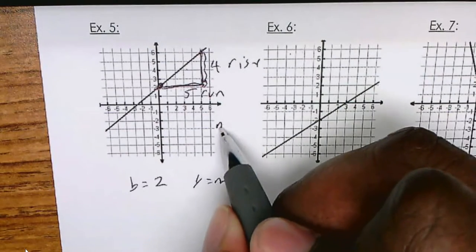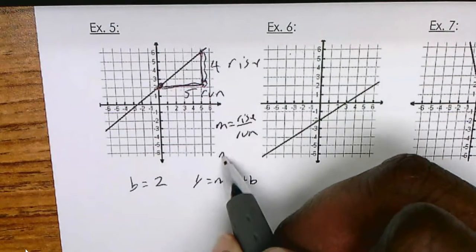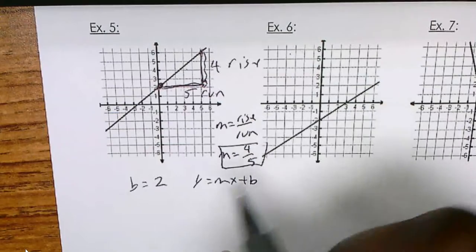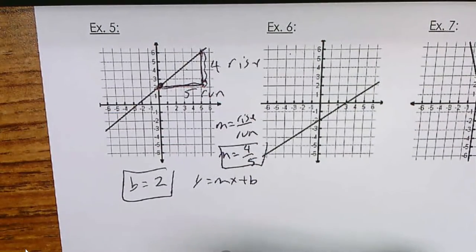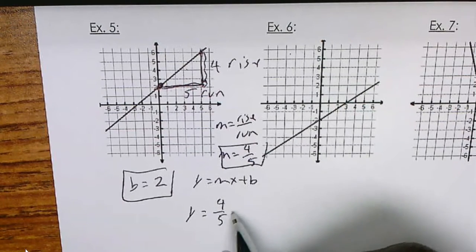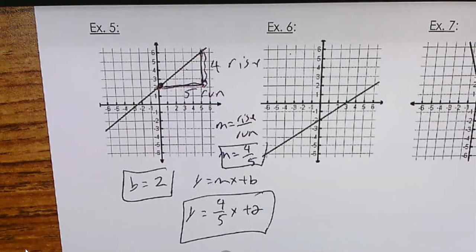My slope is rise over run. So my slope is 4 over 5. So I know b and I know m. So when I write the equation, it should be y equals 4 over 5x plus 2. And that's the equation in slope-intercept form for that line.